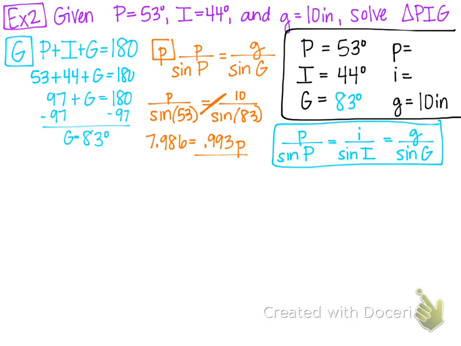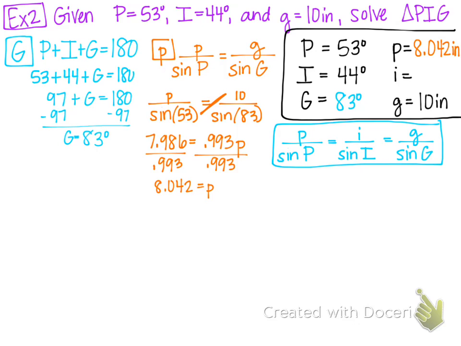So now divide by 0.993. 7.986 divided by 0.993, and you get 8.042. And that is little p. And we have inches.